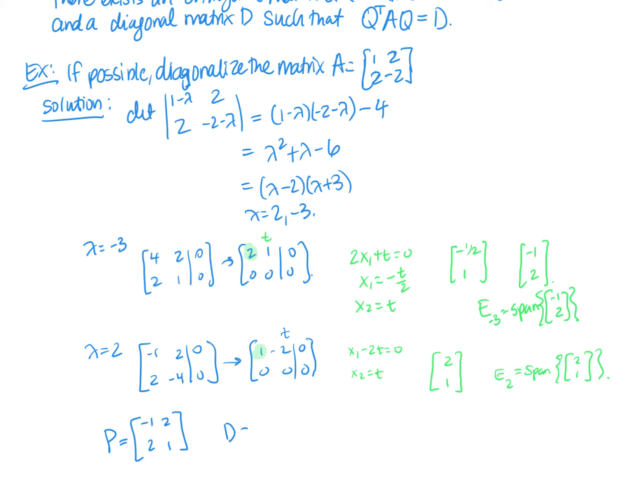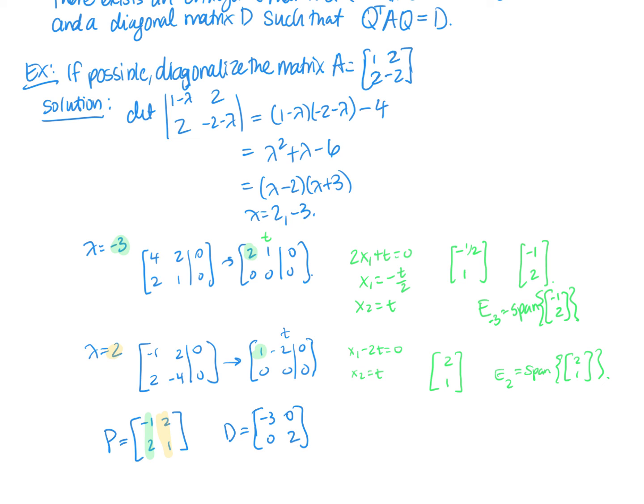And then my D will be: since the -1, 2 eigenvector goes with the -3, I'm going to put -3 in that first spot, then 0, 0, 2. I just have to make sure they correspond. This one goes with the -3, and this one goes with the 2. So there's my P and there's my D.